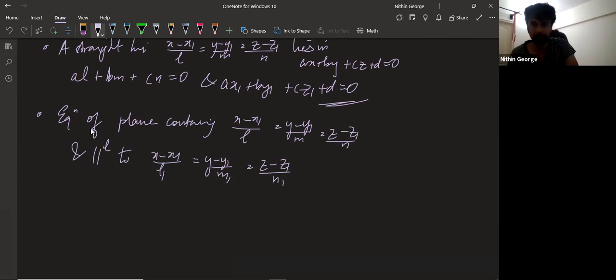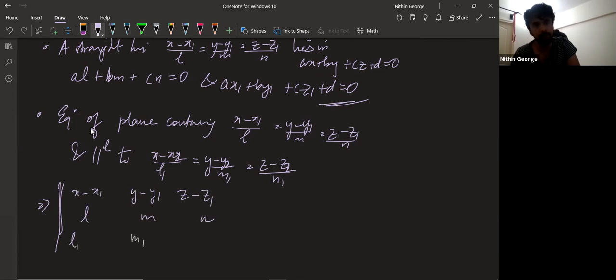So this plane contains a particular line and it is parallel to another given line. For that, x1, y1, z1 means it lies on that line only. So here you write the determinant with rows x minus x1, y minus y1, z minus z1; L, M, N; L1, M1, N1 equal to 0.